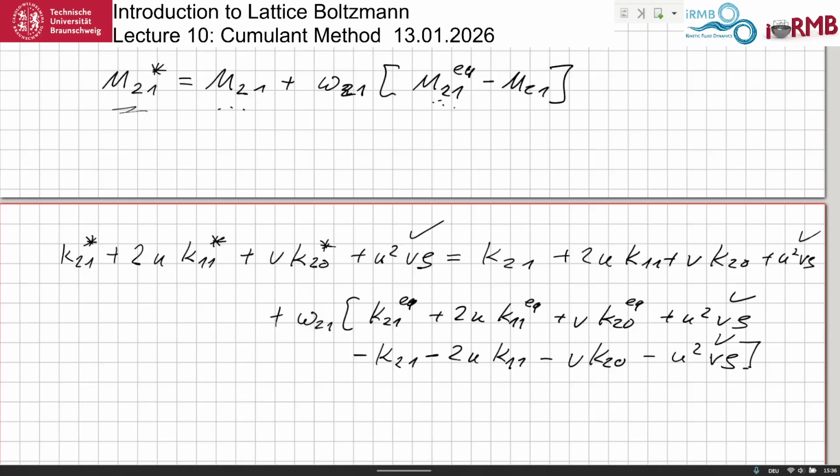So, but that's not all we have. Now we have a little bit of a problem. What are we going to do with these post-collision states here?